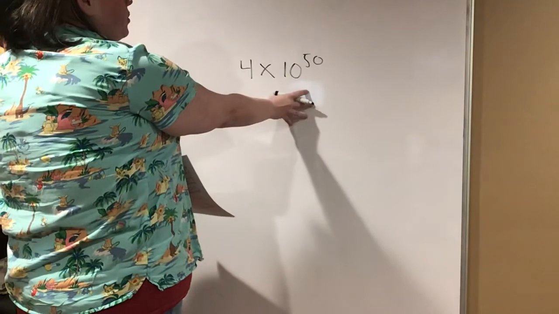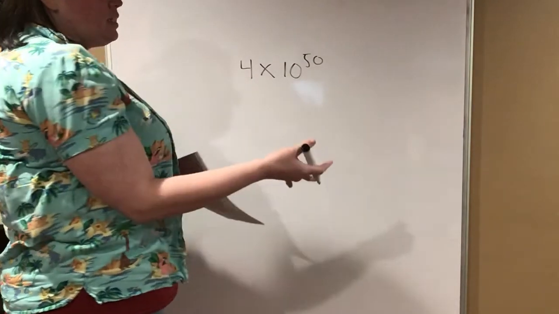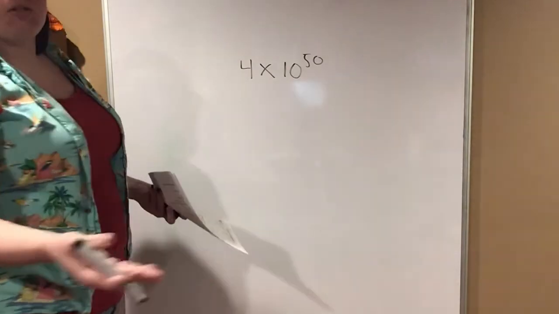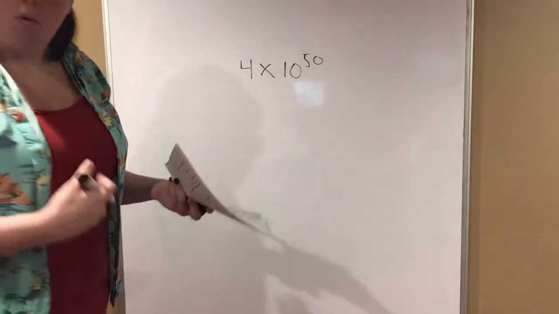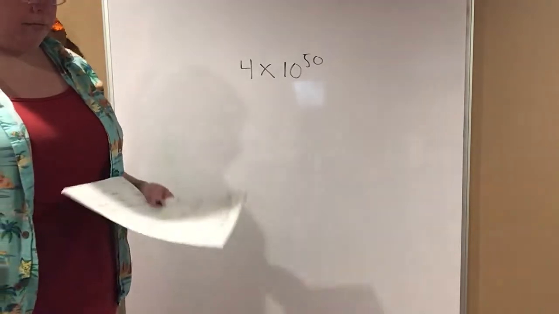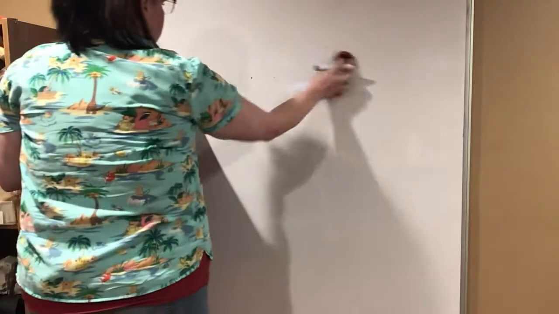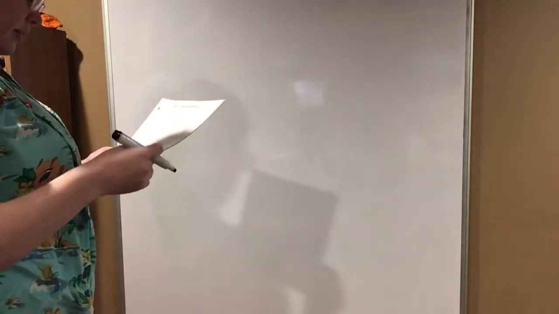All you have to do is say, there's 50 zeros, so let's just do 4 times 10 to the 50th. That's so much simpler than writing the whole 50 zeros out, which will take basically your entire paper, right? That's why I like scientific notation. It's a little easier to write things.